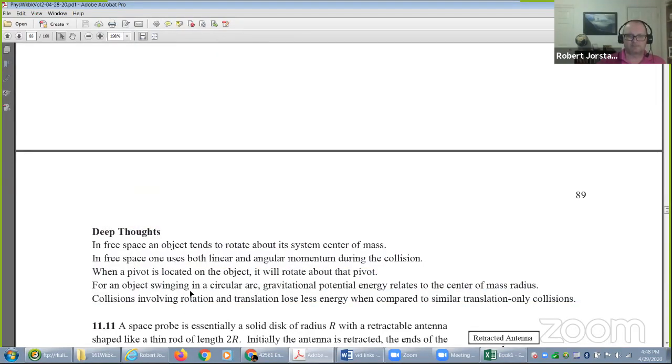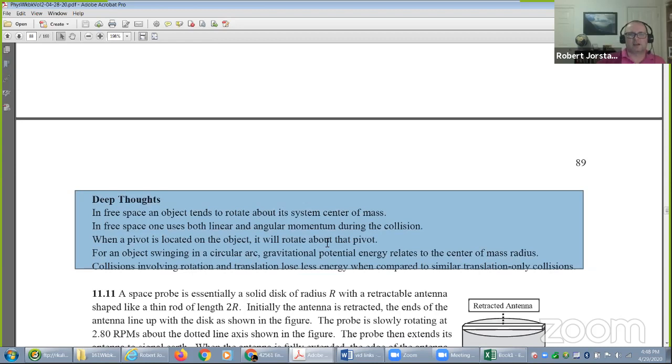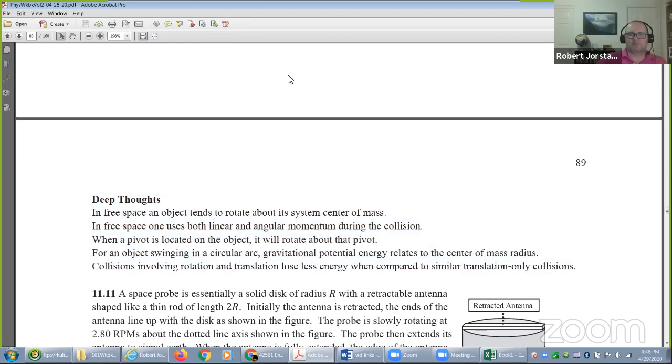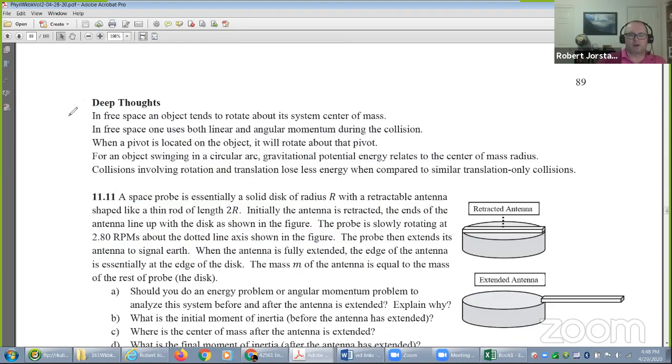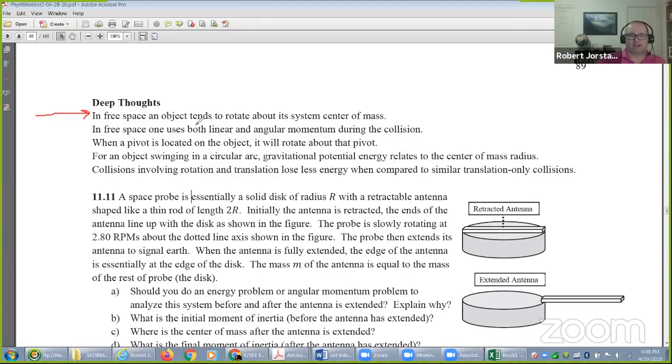Deep thoughts. All right. So this is something I expect you to know, and perhaps it will show up on a test, okay? So you should know this fact. In free space, an object tends to rotate about the system's center of mass, okay? In free space, both linear and angular momentum are conserved as long as you have no pivot.